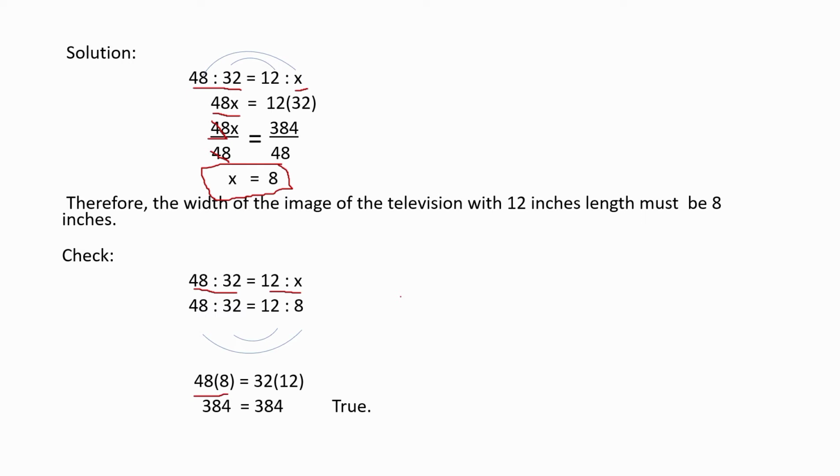Would that be equal to 32 times 12, the means? So 48 times 8, that is 384, and 32 times 12 is also equal to 384. So therefore, 384 is equal to 384, which is true. Therefore, the value of x, which is 8, is true because it will make the two ratios into a proportion.